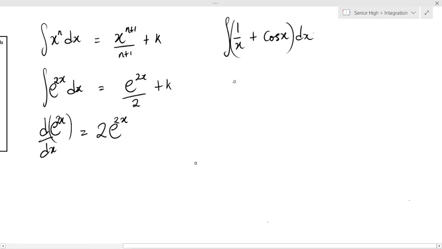Okay, so let's integrate this. Now remember, when you have a minus or a plus sign, you can just split it into 2, and that becomes the integral of 1 over x dx plus the integral of cos x dx. Okay, so what is the integral of 1 over x dx?